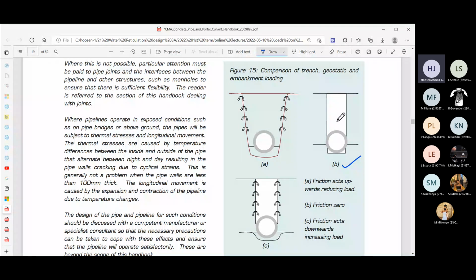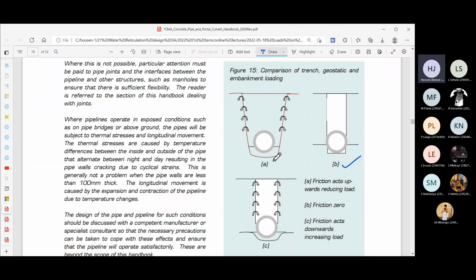You're not going to get settlement. For friction to develop, you would first require some movement of the soil, some settlement of the soil. So this pipe would be carrying this full load of soil, because the soil cannot move. It's just resting on the pipe like that.